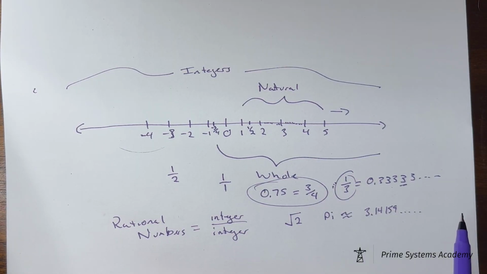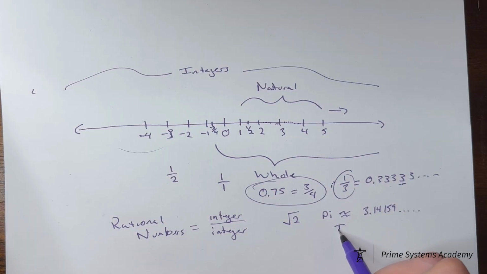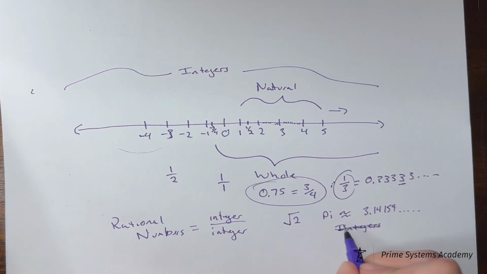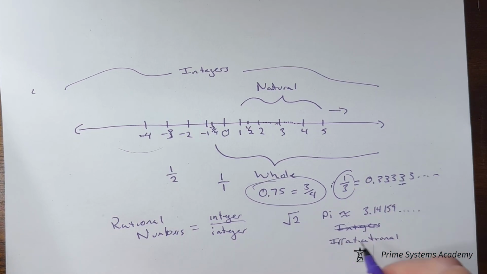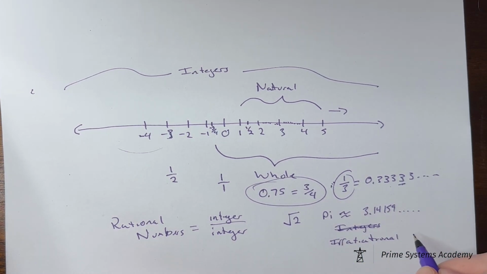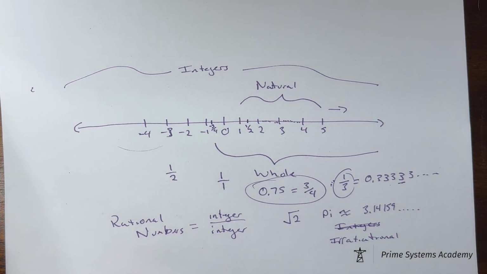So these are going to be your integers, or I'm sorry, your irrational numbers. They're going to be all your numbers that can't be written as a simple fraction.